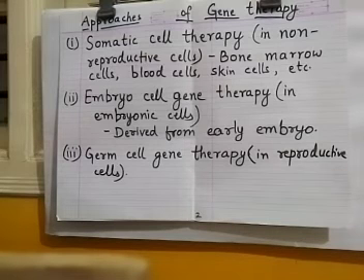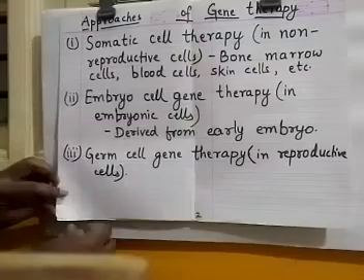The embryo cell gene therapy is done in embryonic cells, which are derived from early embryo stages. And the third one is germ cell gene therapy, which involves the reproductive cells. We will discuss all these three approaches one by one in some detail.